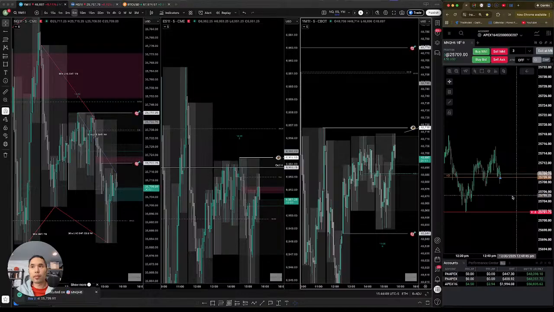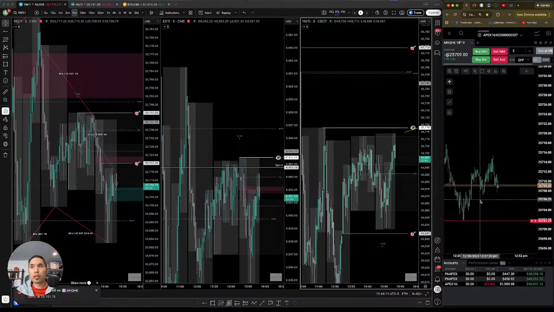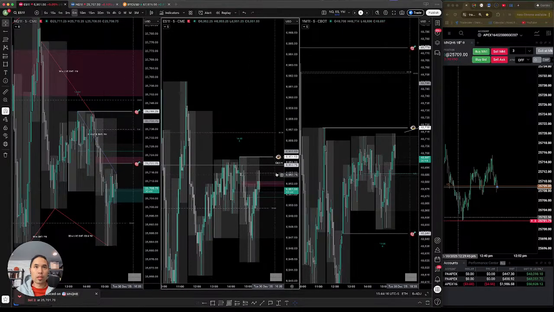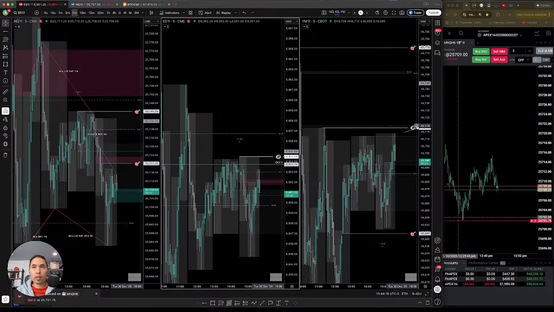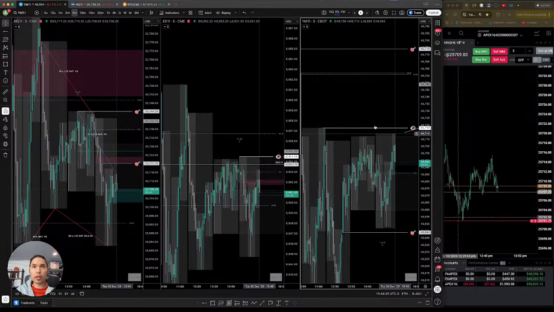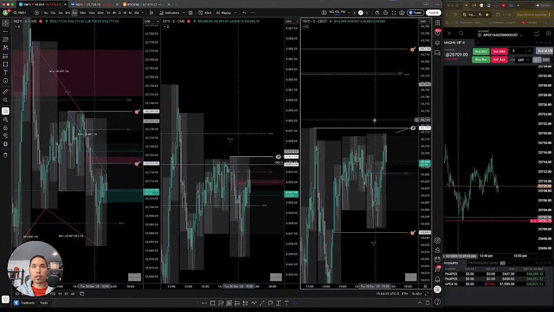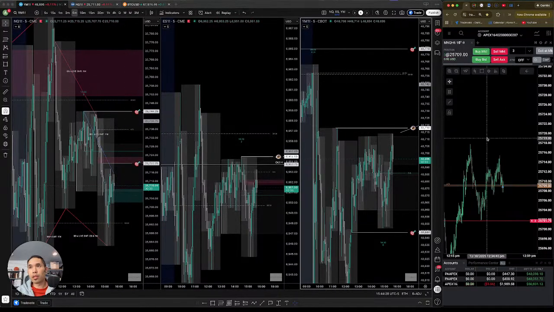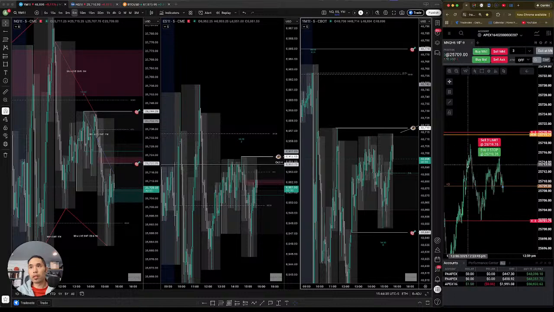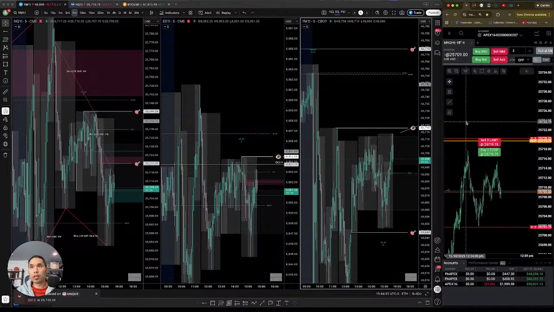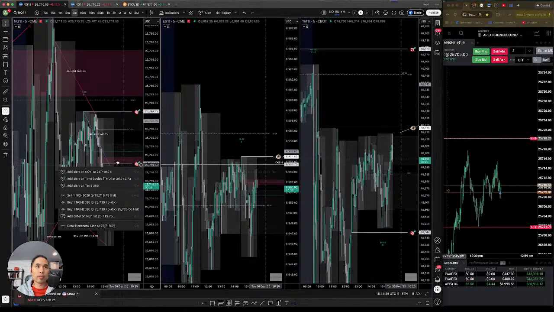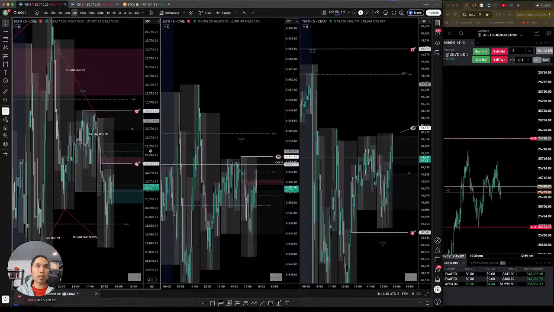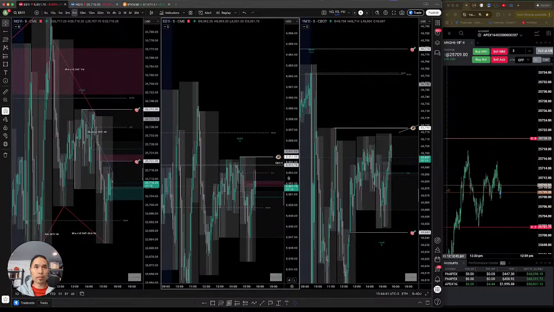Sell here. Order working. I mean, we'll see. This SMT, I don't know if I stress it, but I still think we're going to draw higher here on YM. And I'll take profit at 720 down here. Order working at this high. Still think we're going to drop here to this high for the short term.